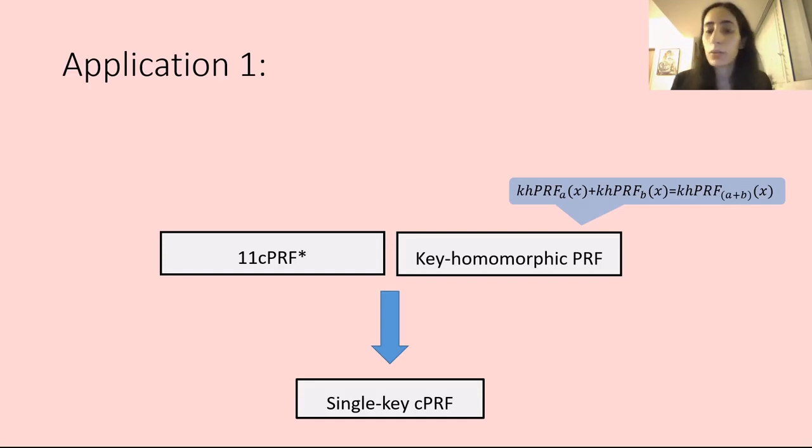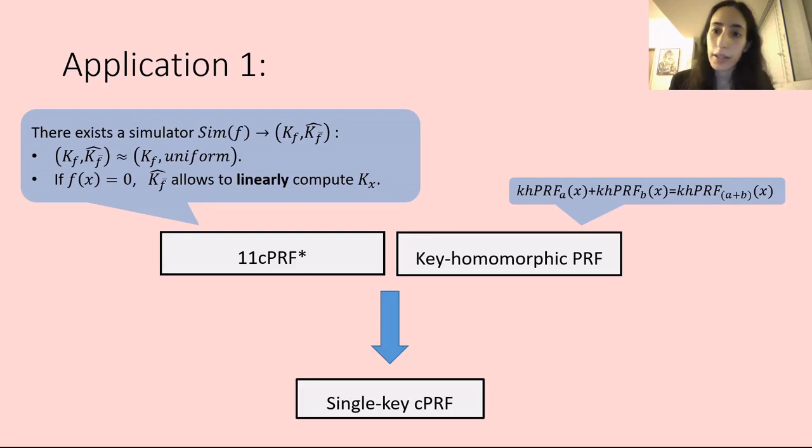So now what do I mean by 1-1 constraint PRF star? I want my 1-1 constraint PRF to have some special security property, which is the following. I want to have a simulator that takes f, and then it generates two strings.